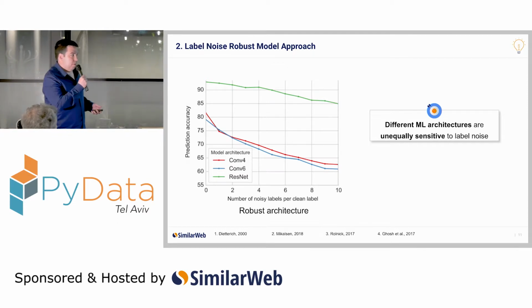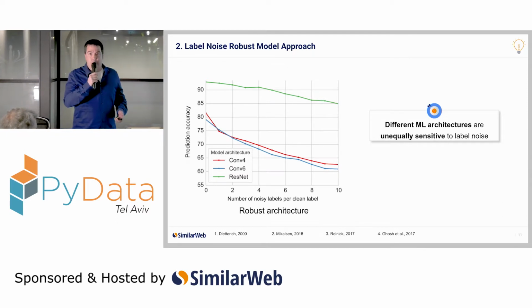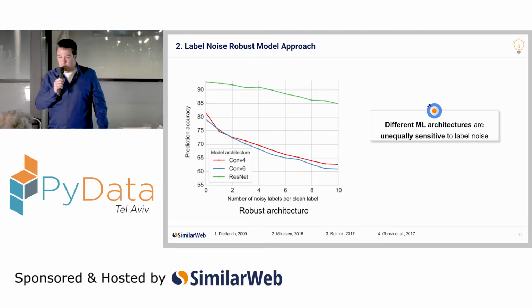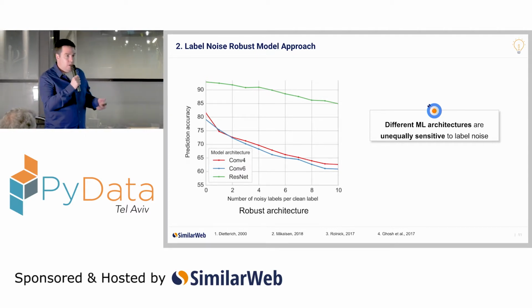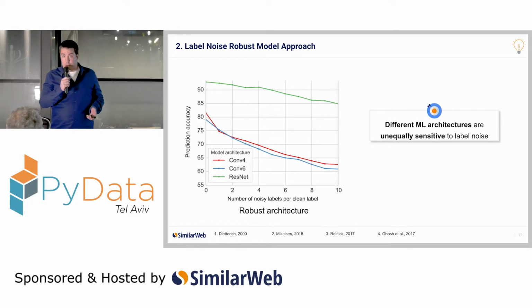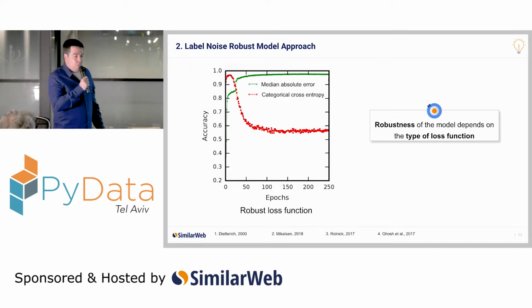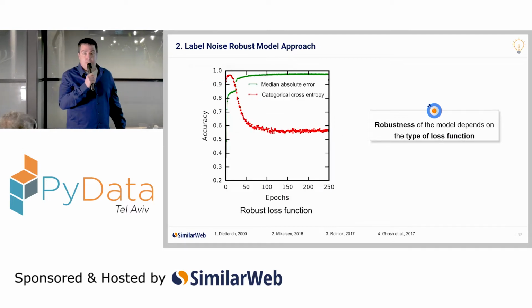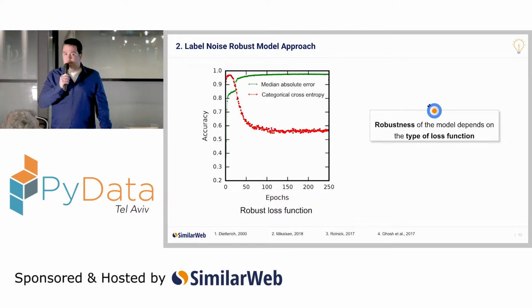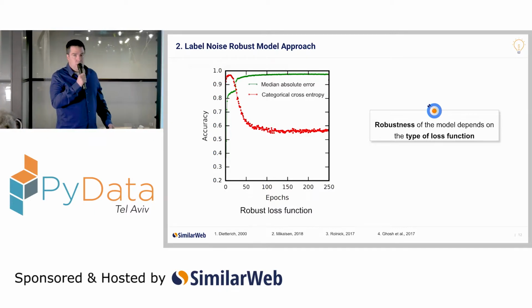The first method examines different ML architectures and models' robustness to label noise. Like the example you see on screen, in which the researchers have examined 3 different neural network architectures' robustness to label noise. The second method focuses on the robustness of different loss functions to label noise, in the context of empirical risk minimization.